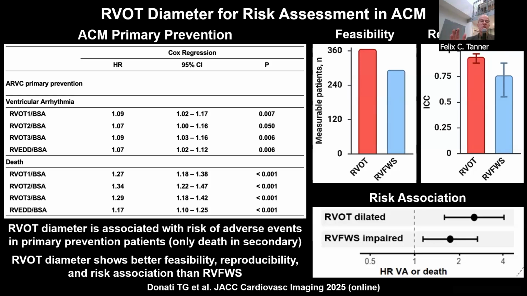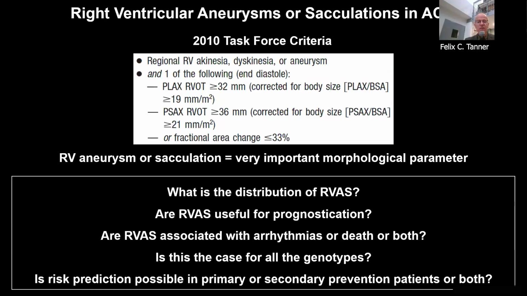So we have good reasons to go back to such simple dimensional parameters in echo and not forget them. And of course, the best is to run a multi-parametric approach where you use such simple dimensional parameters and the strain as well.